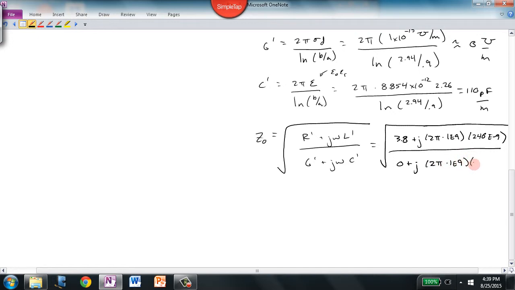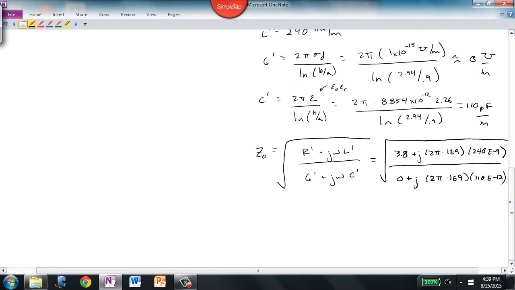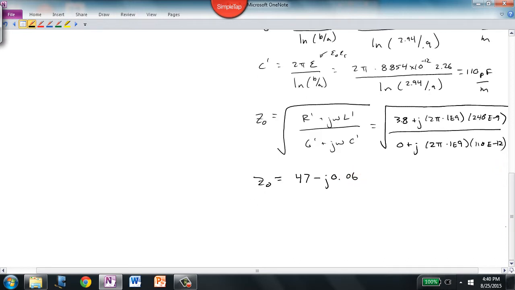And then we need to multiply that by 110 pico. So that's the calculation for Z0. Throw this into your handy dandy fancy calculator and you get the value 47 minus J 0.06. And this is ohms, it's an impedance.